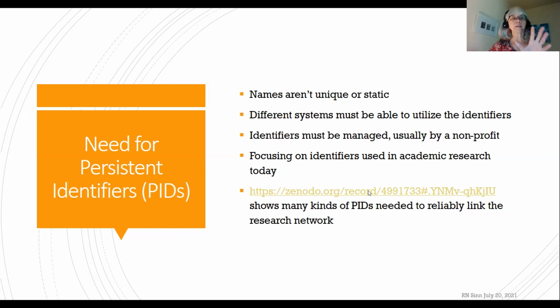There needs to be an ORCID ID, which we're going to talk about in a minute, for identifying an author. There needs to be a ROR, which is a research organization identifier, so that the NIH or the CDC or the DOE or Johns Hopkins or Harvard can be identified accurately.